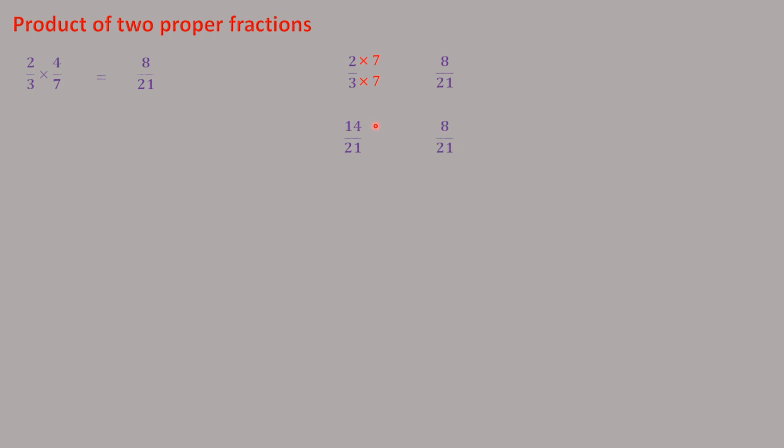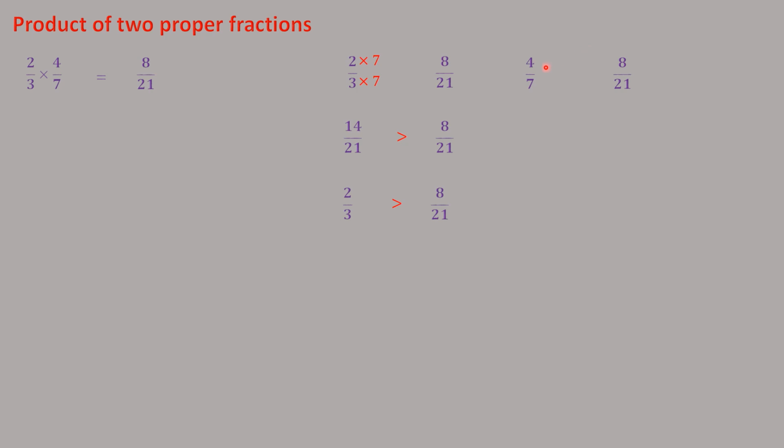Now you can say easily which is greater, 14 by 21 or 8 by 21? Yes, 14 by 21 is greater than 8 by 21. 14 by 21 means 2 by 3 is greater than 8 by 21. This proper fraction is greater than the answer, that is 8 by 21.